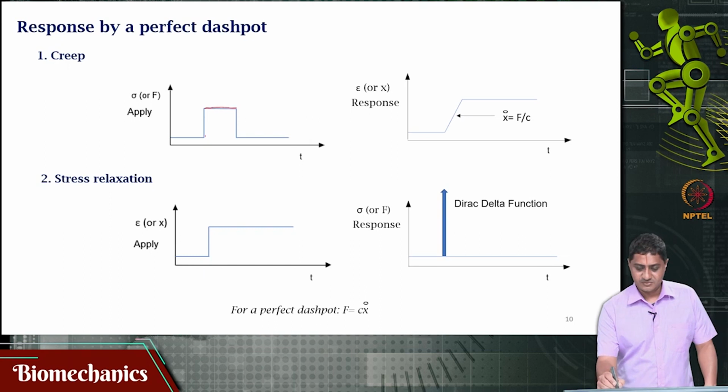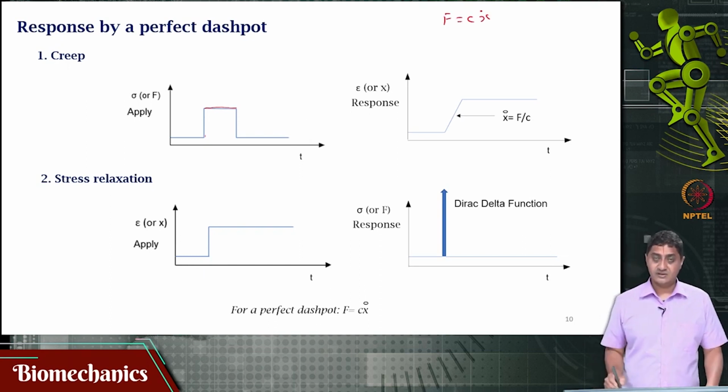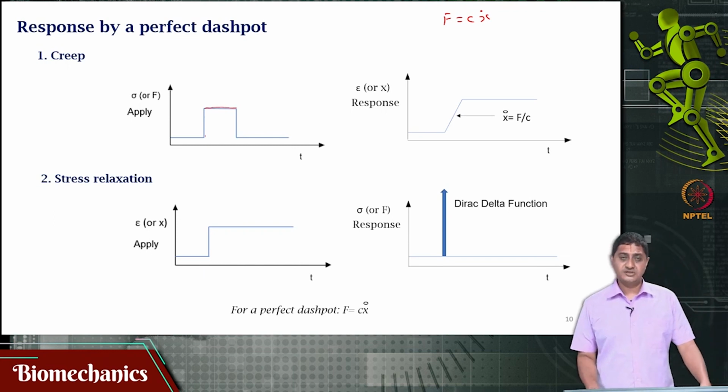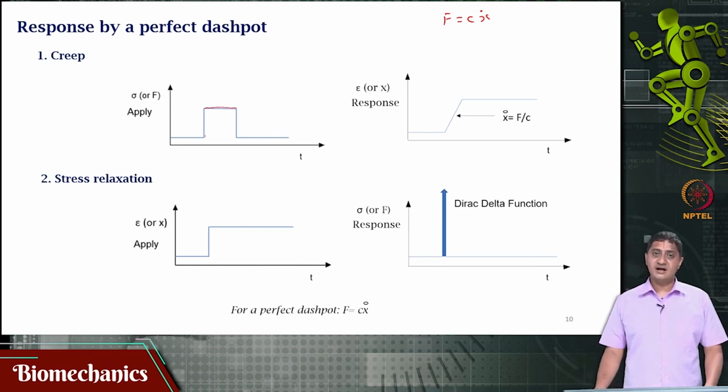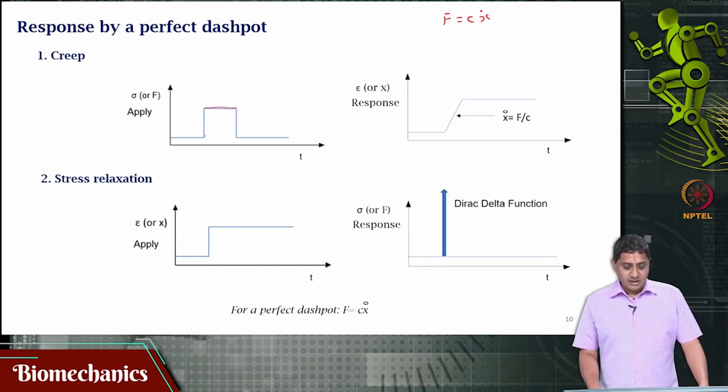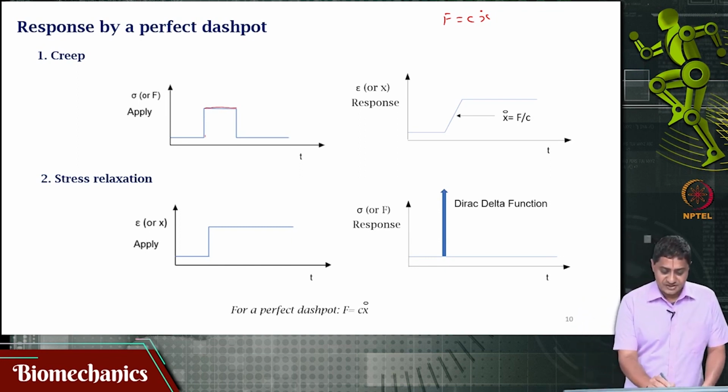In a perfect dashpot, F is equal to C x dot. That is the equation relating velocity and force, is it not? So, now I am applying a force or a stress and I am maintaining it at a constant level and then I am removing it.